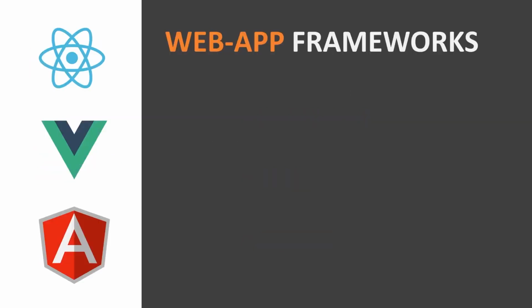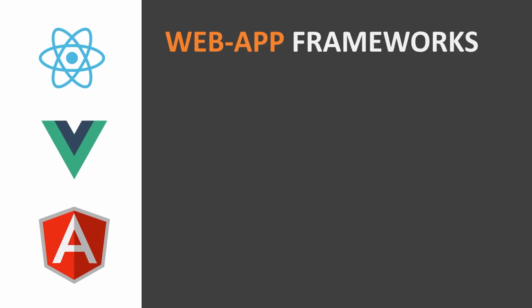In a previous video I spoke about web apps. There are three web app frameworks. What's the difference between a web app and a website? A website means something like Bootstrap. You can take Bootstrap, that's a website.